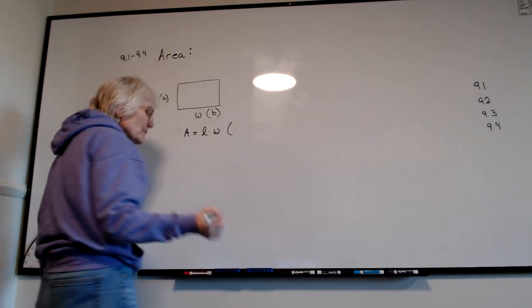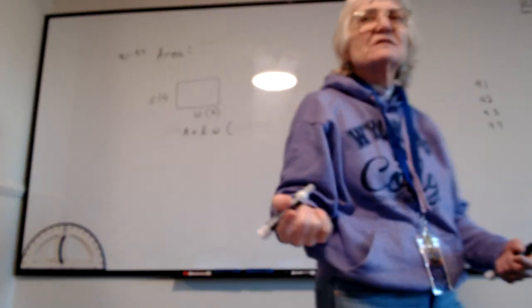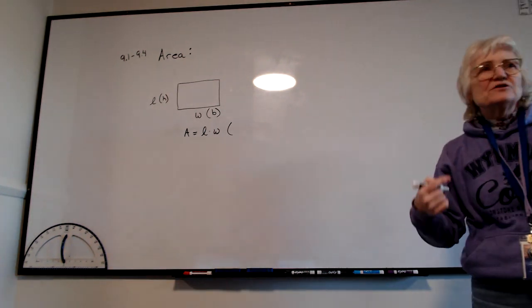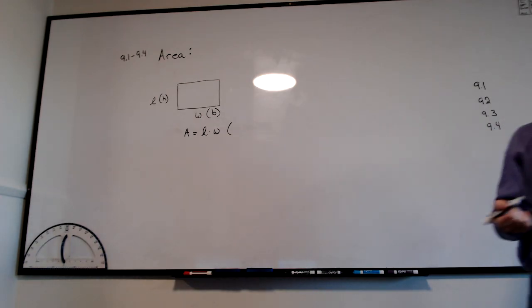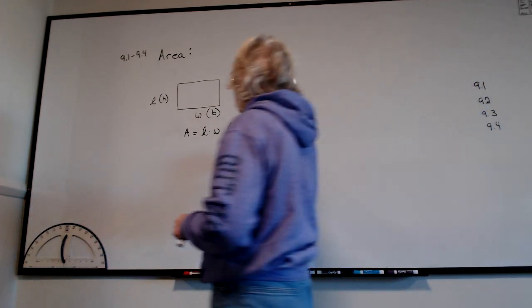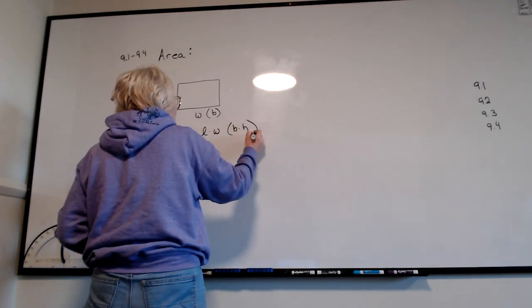This is what we usually use with younger students. I will say it's probably used by 99% of people, but to keep it consistent with what we're going to do later, we talk about the base times the height.